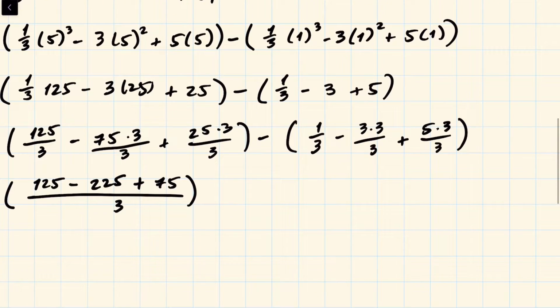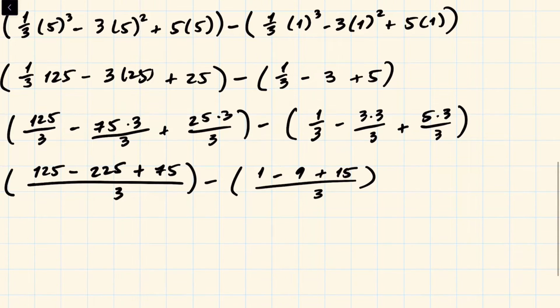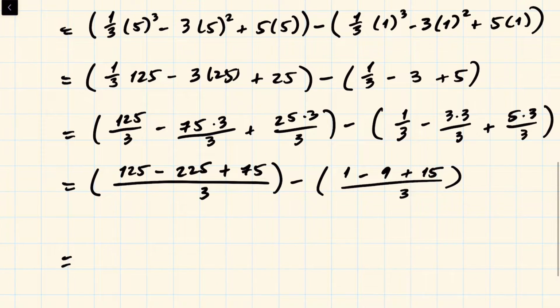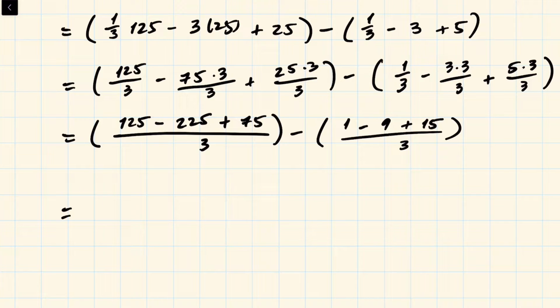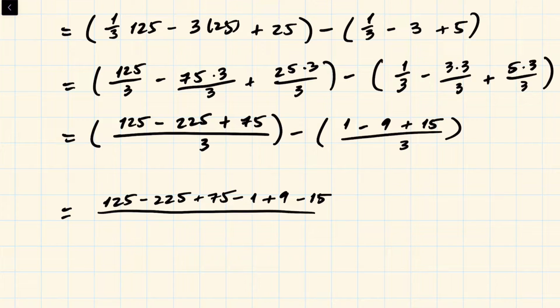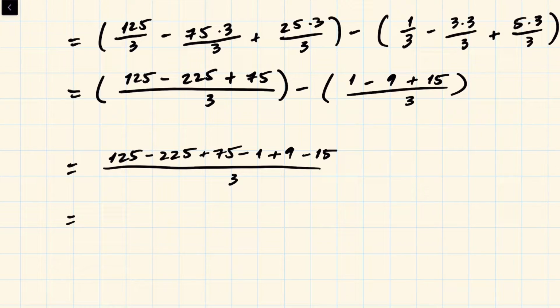And we're subtracting 1 minus 9, because that's 3 times 3, plus 15, and that's all over 3 as well. Okay, so now we have a bigger thing: 125 minus 225 plus 75 minus 1 plus 9 minus 15, all over 3. So let me punch that into my calculator here.